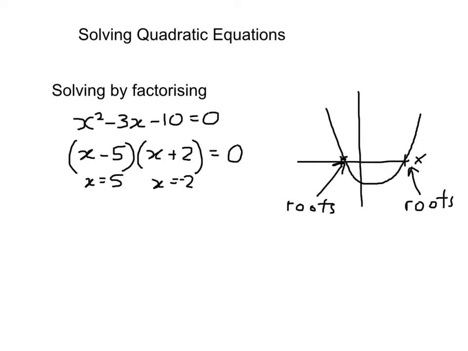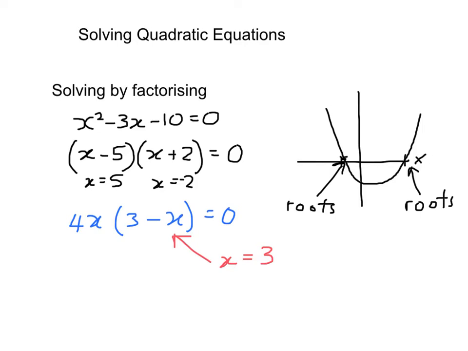Let's have a look. Say we factorise an equation, and we end up with 4x and a bracket 3 minus x equals 0. What are our roots, or how can we solve that? In order to solve it, we need to make this bracket 0. So here x must equal 3, because 3 minus 3 is 0.